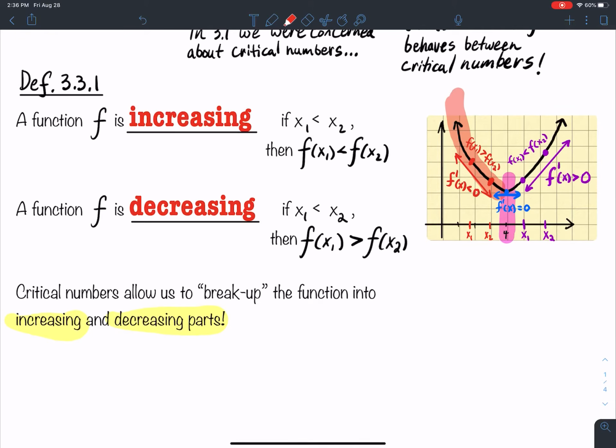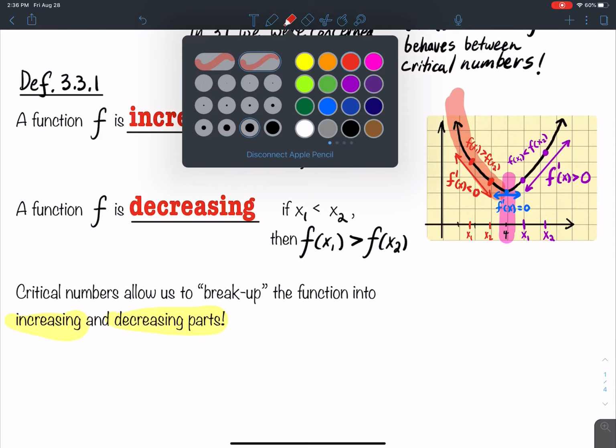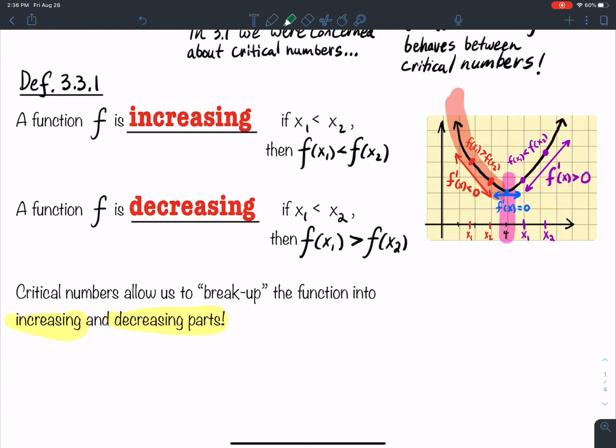The function is decreasing. The critical number separates me from the decreasing to the increasing side here. So you can see from this graph that the critical number breaks up, in quotes, the function into increasing and decreasing parts. That's what I mean by that little statement there.